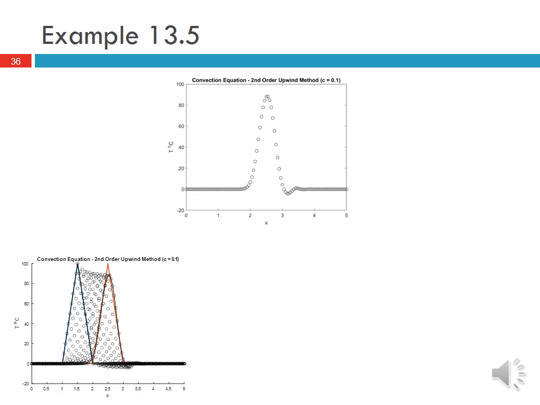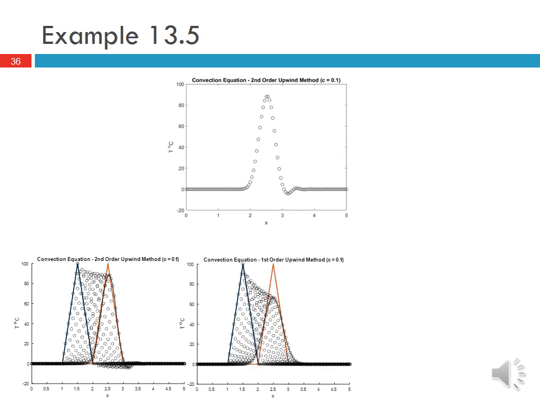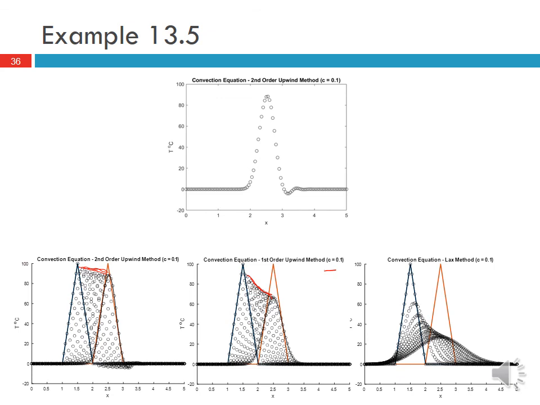The blue and the orange show the exact solution at those two different time points. And we can compare this with the first order upwind method for the same C. You can see that here we've stayed much closer to the original shape. Here we've got much more numerical diffusion, and then we can compare this to the Lax method where we have this huge amount of numerical diffusion.